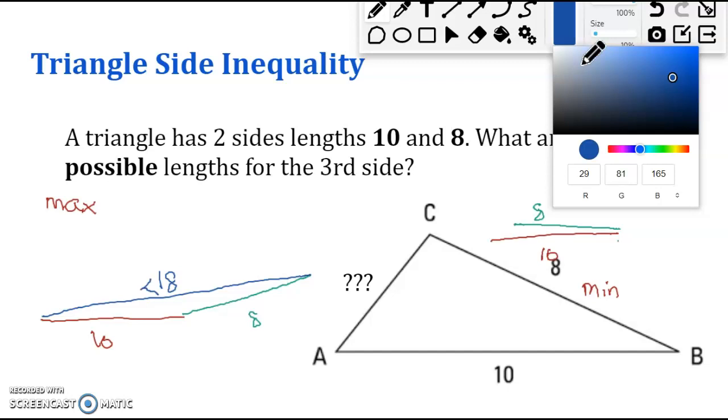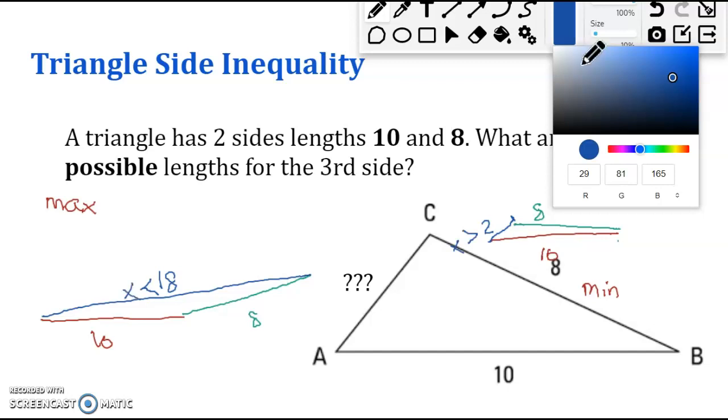What about in this case? You can see that I can draw this line, and you can see what this length is going to be. 10 minus 8 is going to be 2, and if it was 2, they would be just on top of each other. But this has to be bigger than 2. The x has to be bigger than 2.